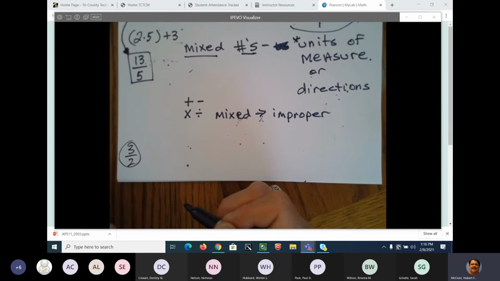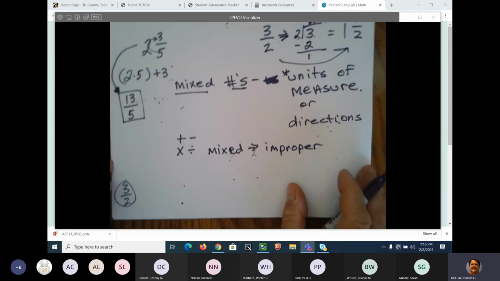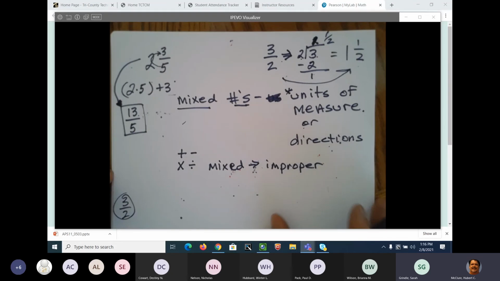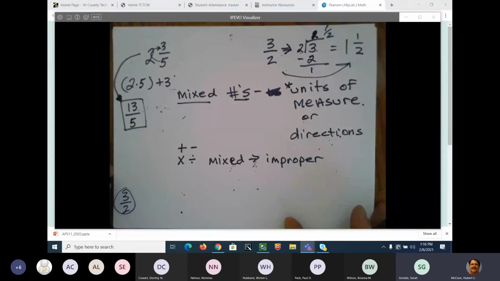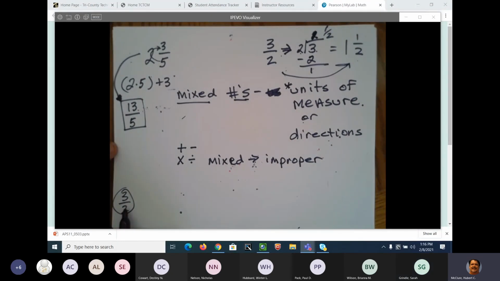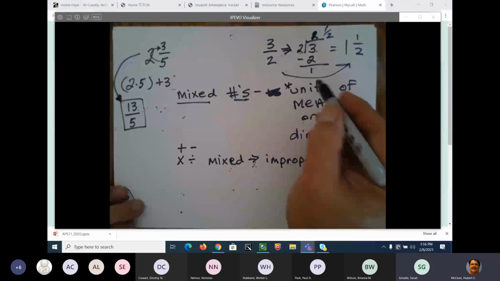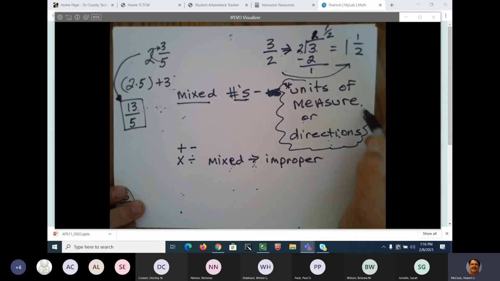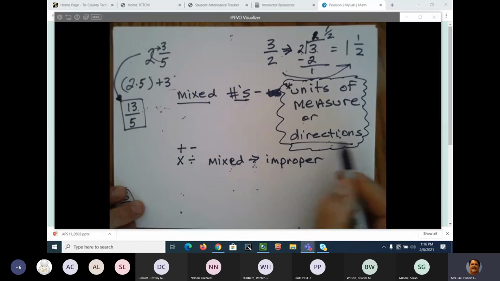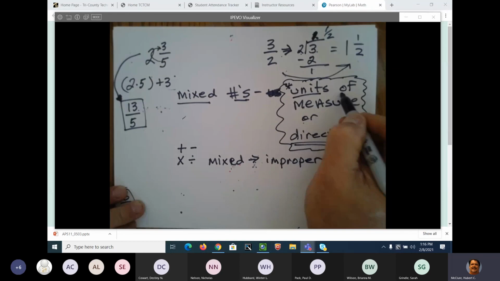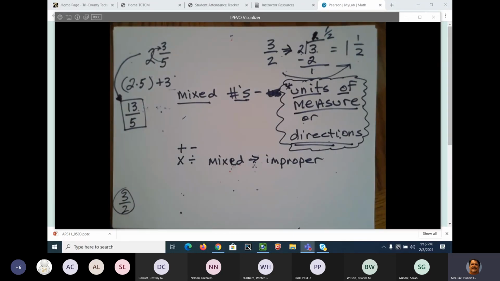The directions don't say to, and that's where a lot of these teachers in K through 12 tell students wrong. They tell you that you have to change that to a mixed number. No, you don't. The only time you need a mixed number is when somebody tells you to change it to a mixed number, or the question is asking about units of measure. Okay.